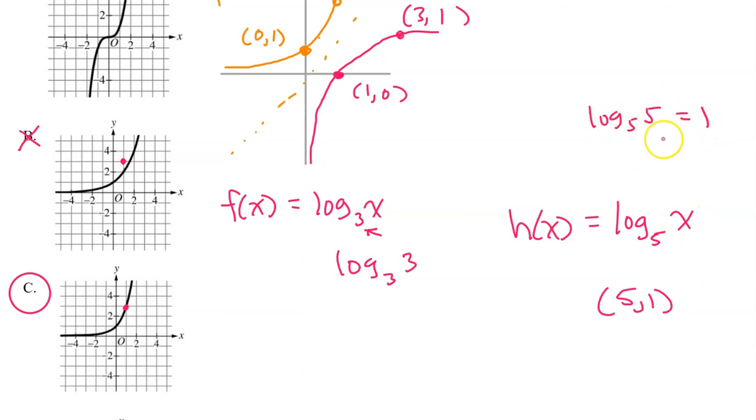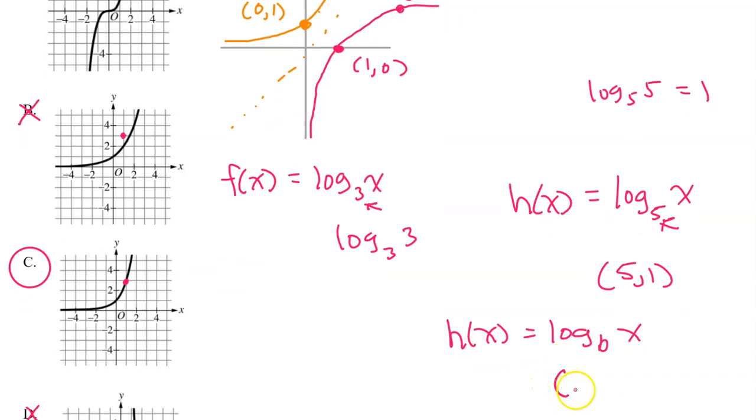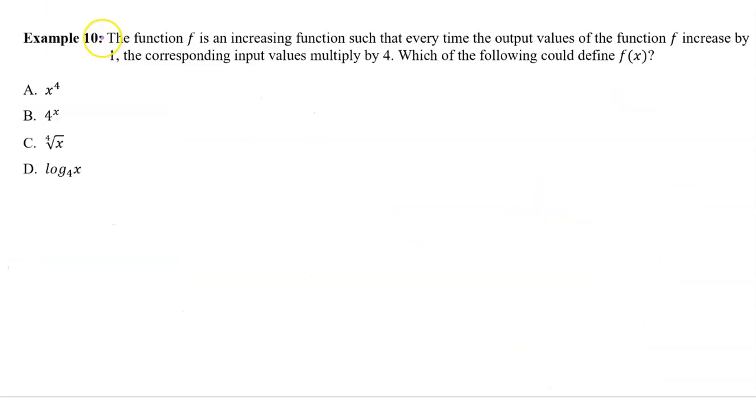And of course that's going to equal 1 because 5 to the 1 power is equal to 5. So you can always use the base to get a point. In fact, in general, if I have h of x equal to log base b of x, you're guaranteed that the point (b, 1) is on the graph.